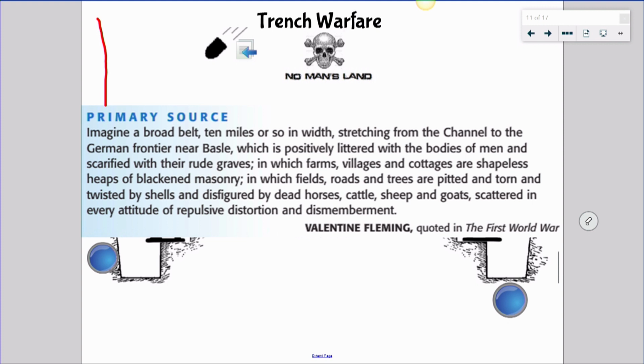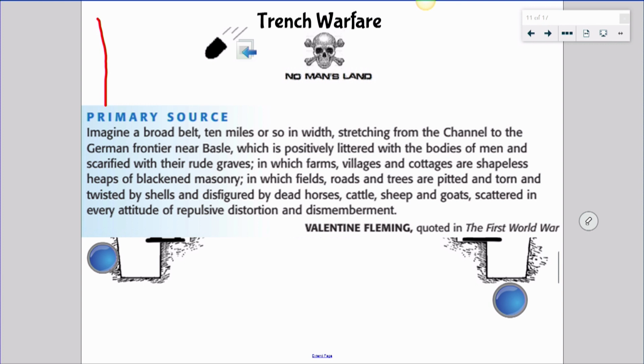It says, imagine a broad belt, 10 miles or so in width, stretching from the Channel to the German frontier near Basel, which is positively littered with the bodies of men and scarified with their rude graves, in which farms, villages, and cottages are shapeless heaps of blackened masonry, in which fields, roads, and trees are pitted and torn and twisted by shells and disfigured by dead horses, cattle, sheep, and goats, scattered in every attitude of repulsive distortion and dismemberment. It was just awful.